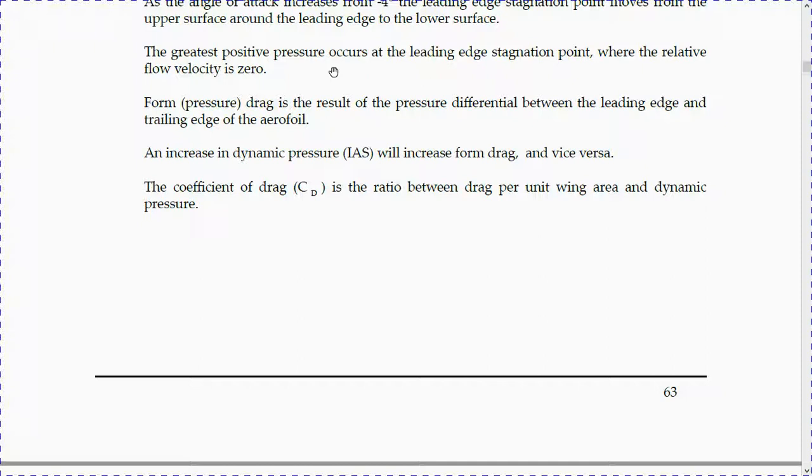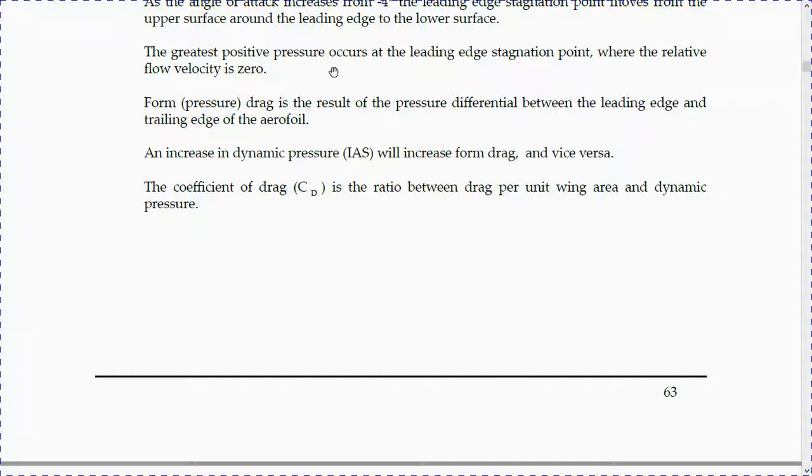Form, or pressure drag, is the result of the pressure differential between the leading edge and trailing edge of an airfoil. So this is a pressure differential. This is less pressure on the leading edge and a little bit higher pressure on the trailing edge, with a force that acts backwards.